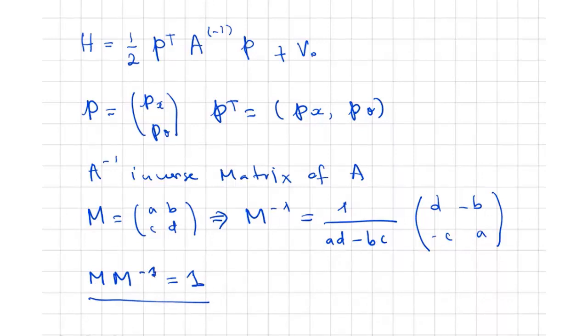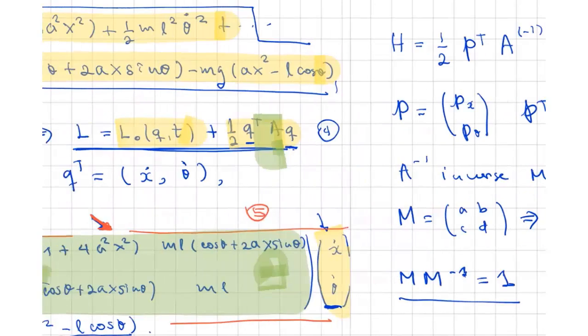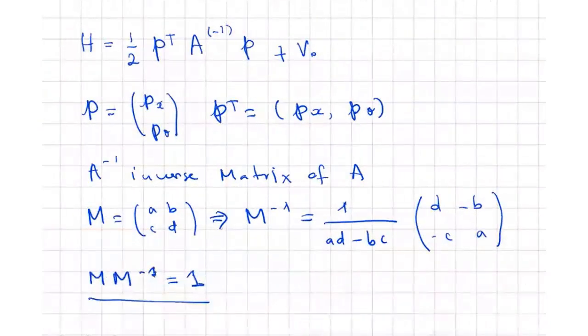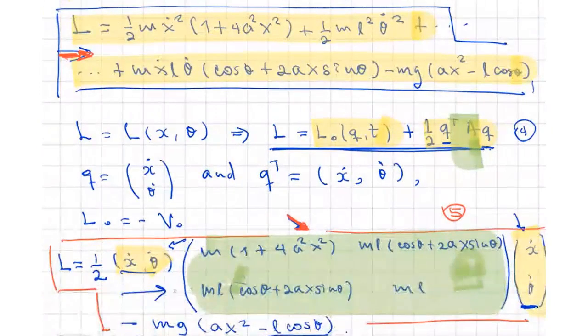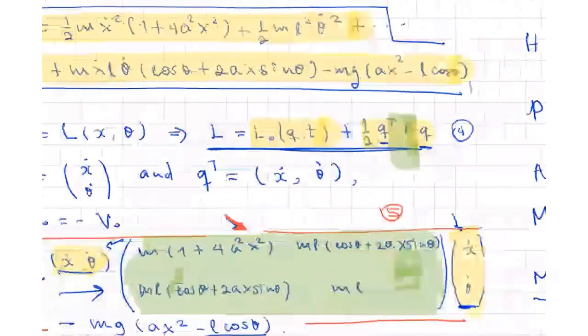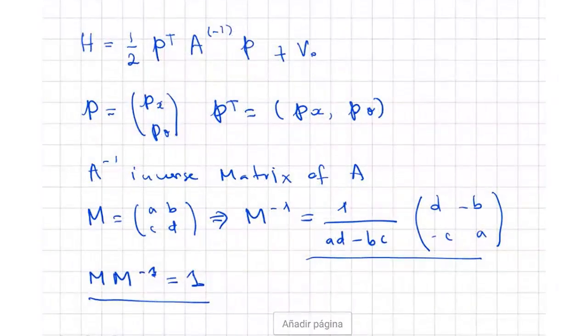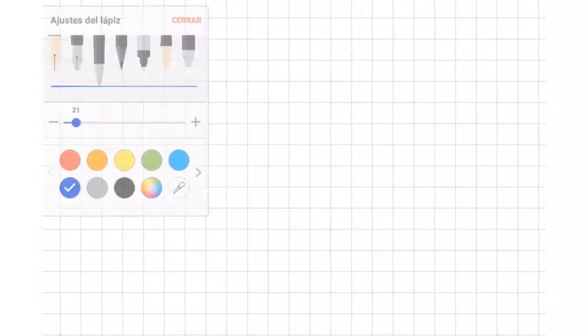then we can see that, looking at this matrix here and applying this formula, this definition and formula of the inverse of a matrix, to the green one, we will get that A minus 1.